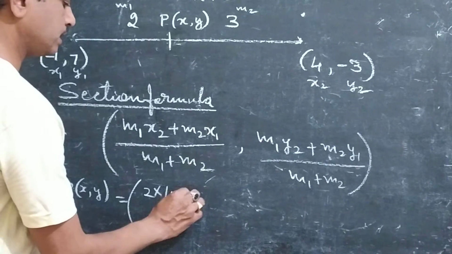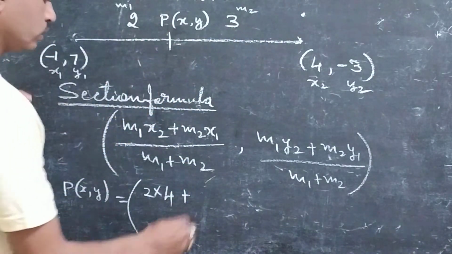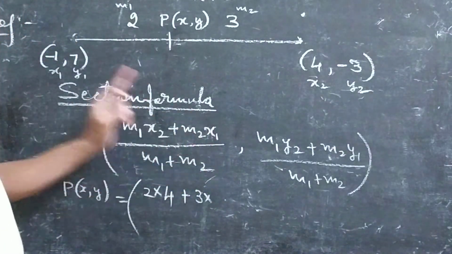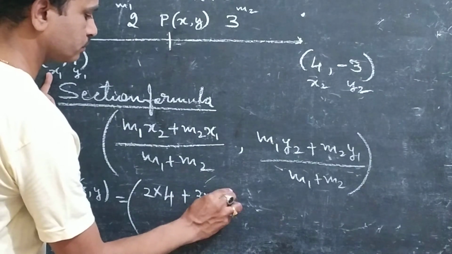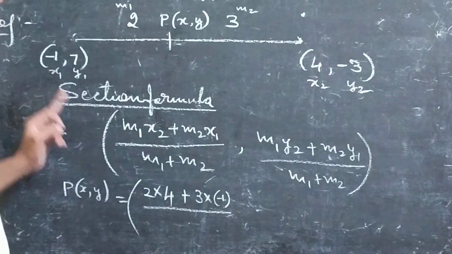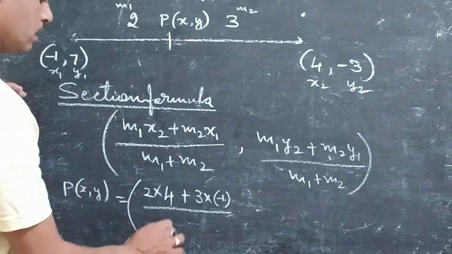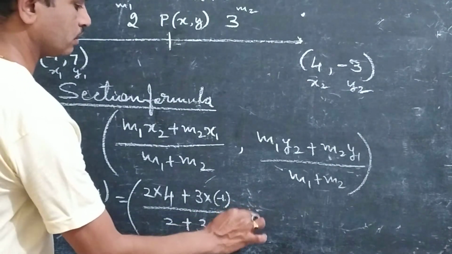Then plus m2; what is m2? 3, into x1; x1 is minus 1, whole divided by m1 plus m2, that is 2 plus 3.